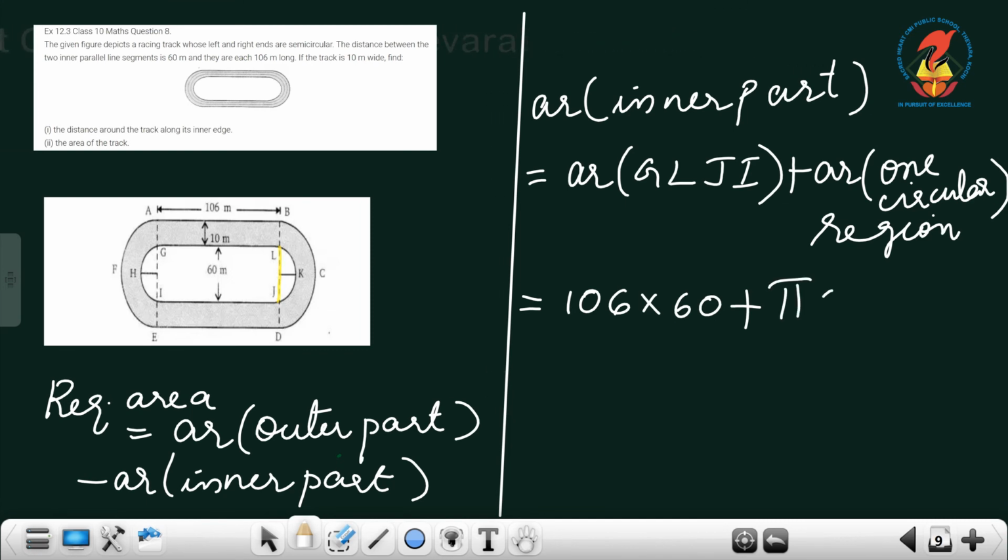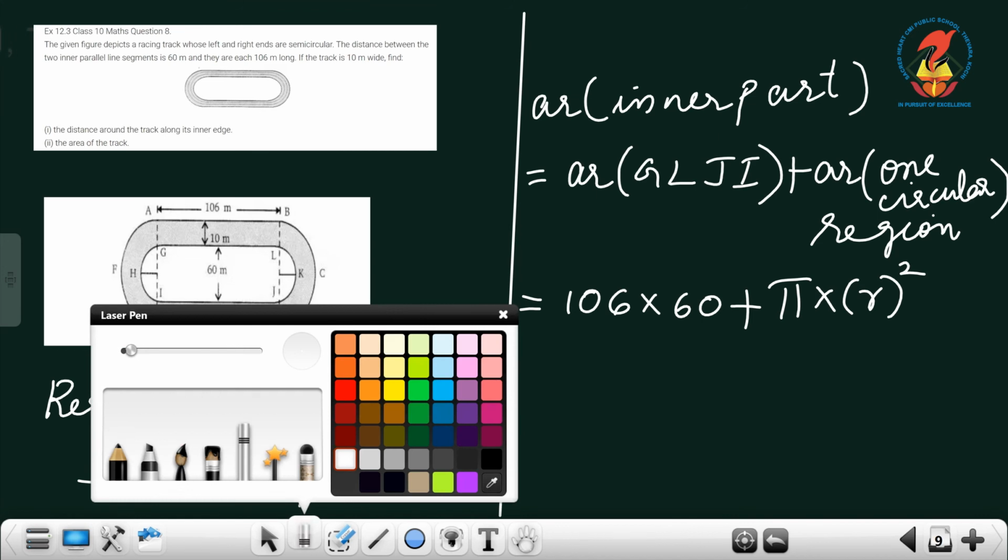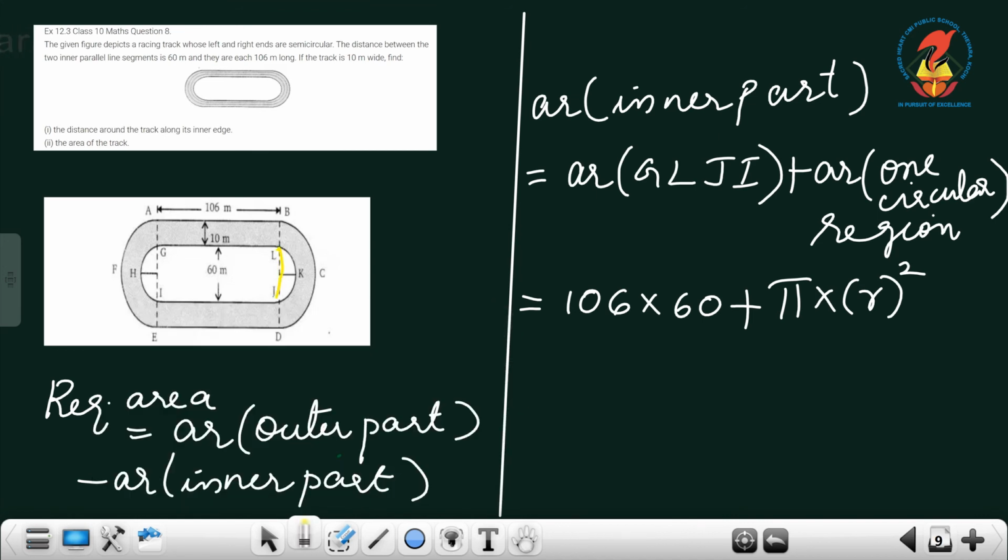So pi r square. What is r here? Diameter is this, 60 itself.